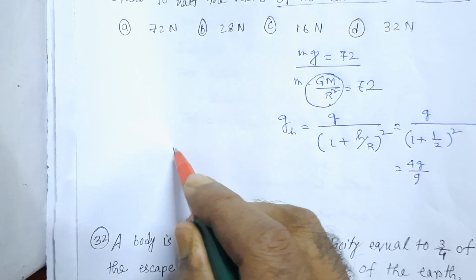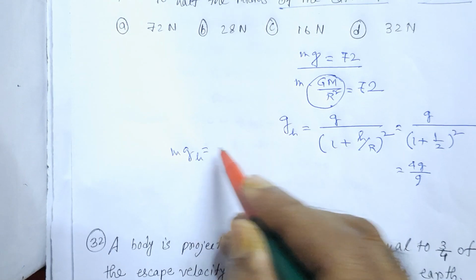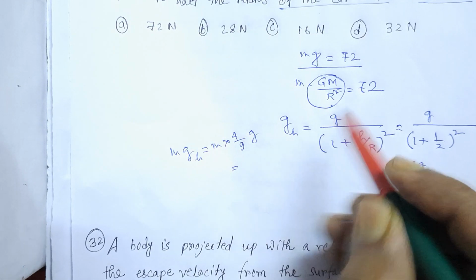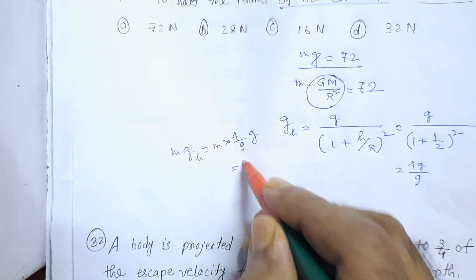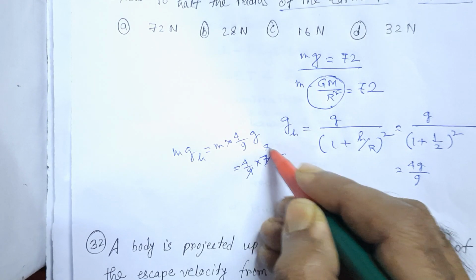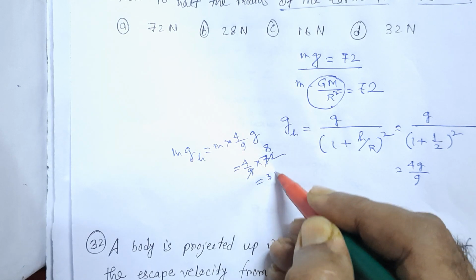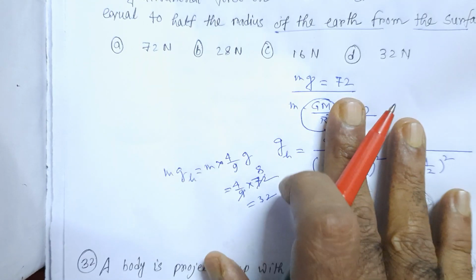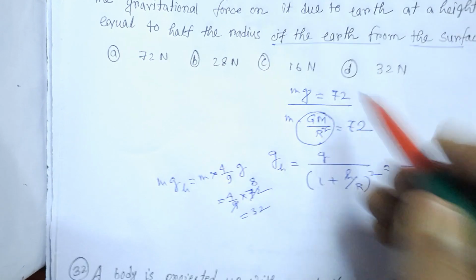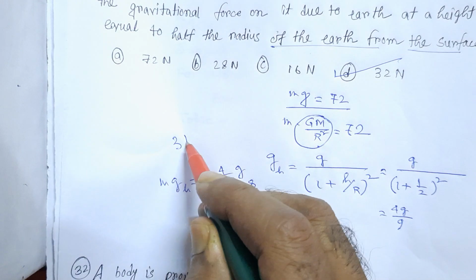So now the weight is mgh equals m into 4 by 9 into g. Here mg is 72, so 4 by 9 into 72, mgh is 32 Newton. We find it in option D. So our correct choice of question number 31 is D.